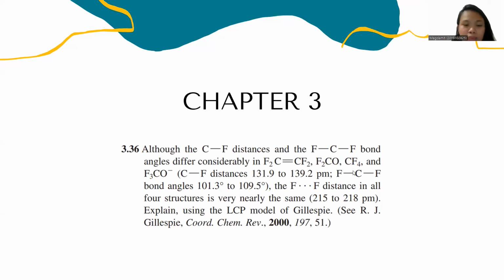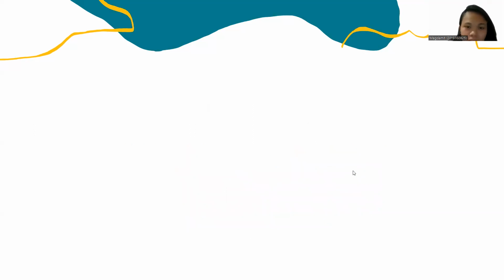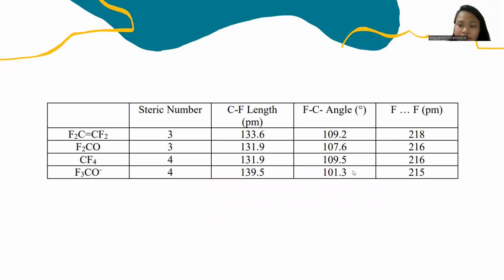Explain using the LCP model of Gillespie. In this table, we can see the steric number, carbon-fluorine length in pm, the FCF angle, and the fluorine-fluorine length in pm for tetrafluoroethylene, carbonyl fluoride, carbon tetrafluoride, and the anion of F3CO.